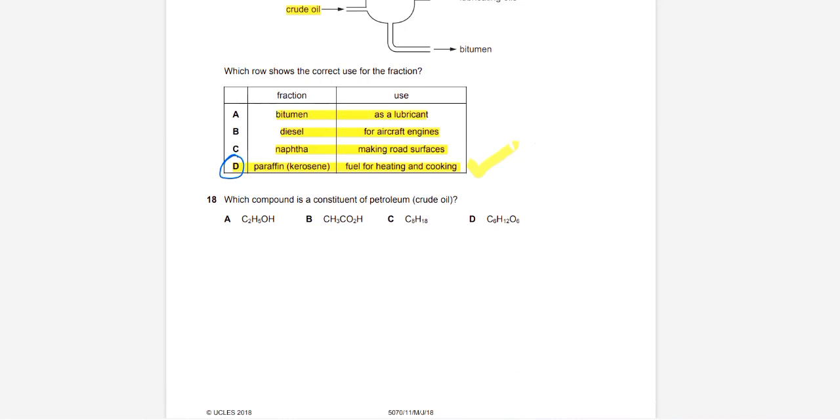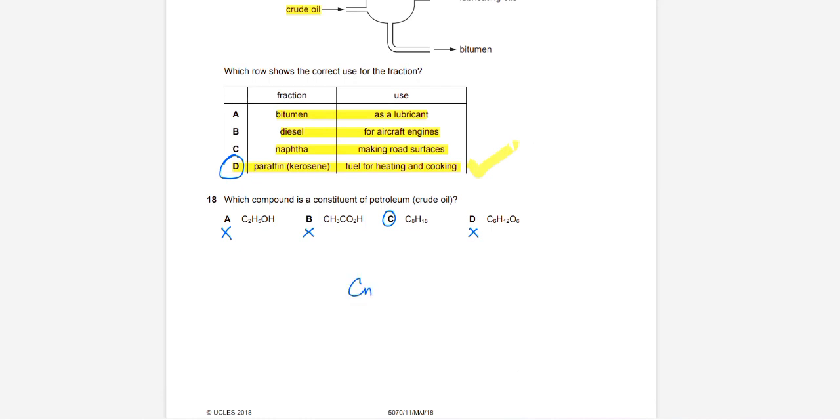Which compound is a constituent of petroleum crude oil? It has to be an alkane. Is it alcohol? No. Ethanoic acid, a carboxylic acid? No. C8H18: hydrogen is 2 more than double the number of carbons, 16 plus 2, 18. Yes. C6H12O6 is a carbohydrate, not found over there. So alkane is found.